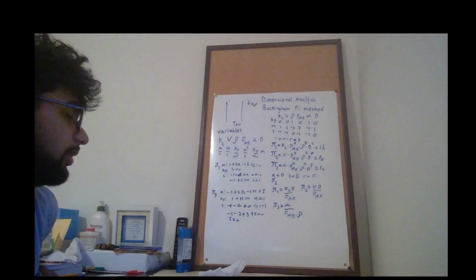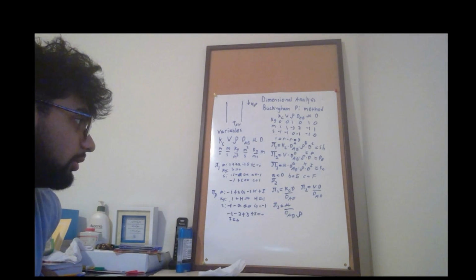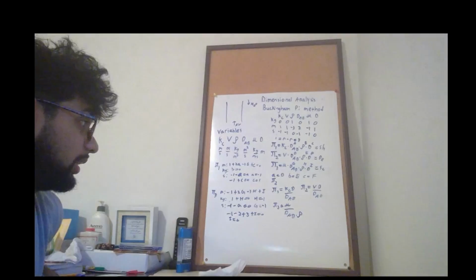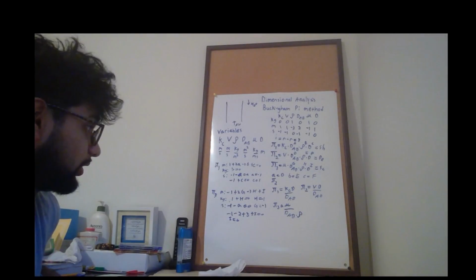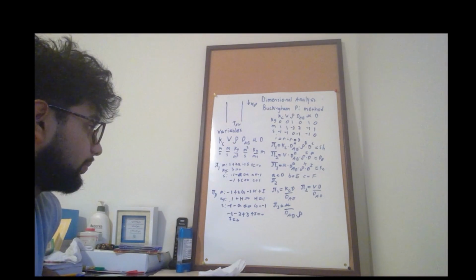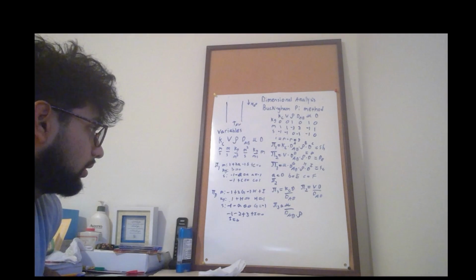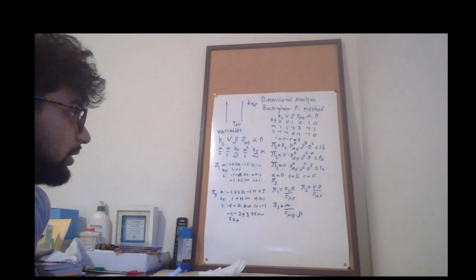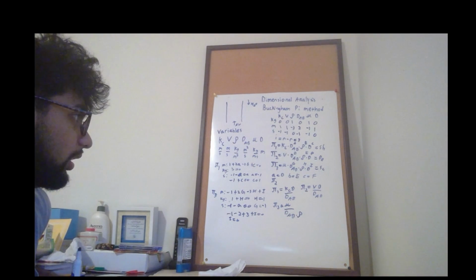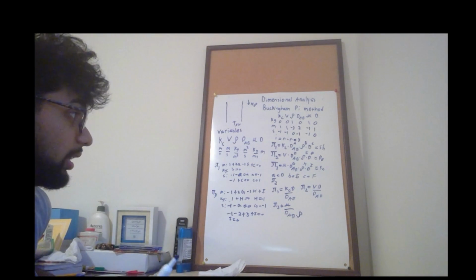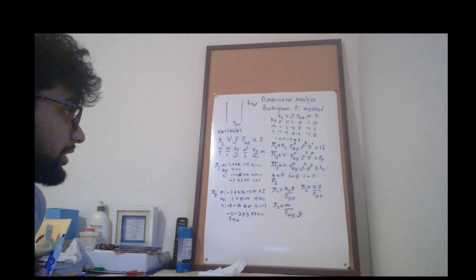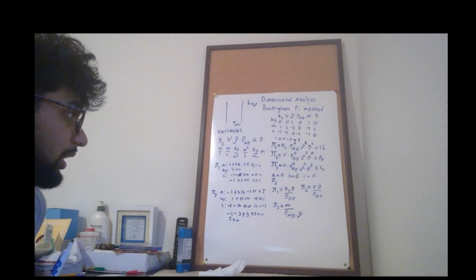So to get our Reynolds number, we're going to divide the second dimensionless group by the third dimensionless group. So again, for the first group we have the Sherwood number, and then for the Reynolds number we have the Peclet number divided by the Schmidt number, and the third dimensionless group is our Schmidt number.